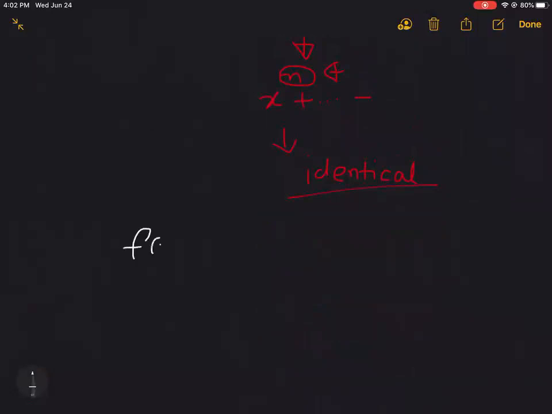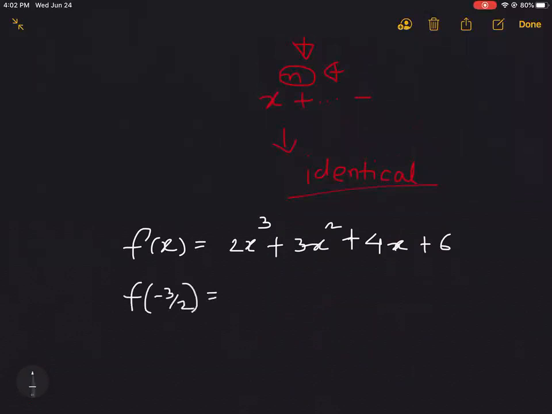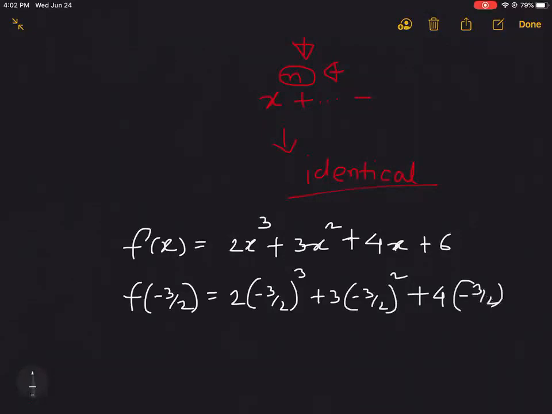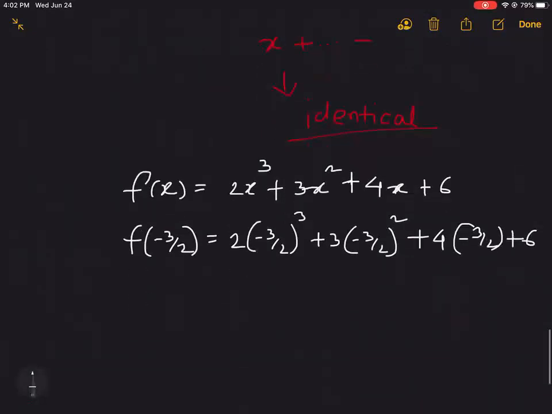So f of x will be 2x cubed plus 3x squared plus 4x plus 6. And if I plug in -3/2: 2 times (-3/2) cubed, plus 3 times (-3/2) squared, plus 4 times -3/2, plus 6.